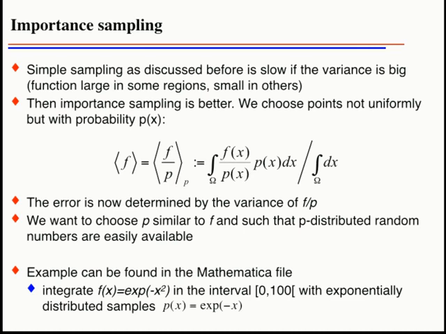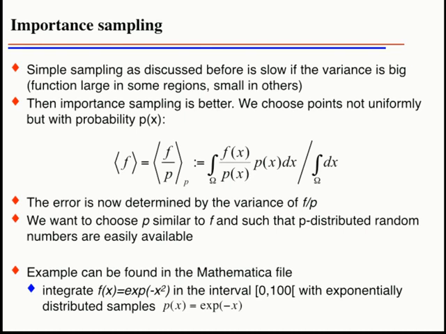This means we don't have to throw away many evaluations of the function, and with the same number of points we get a much better convergence, because the error is only determined by the variance of the ratio of the two functions. Now, if f and p are exactly the same, the variance of a constant function is 0.